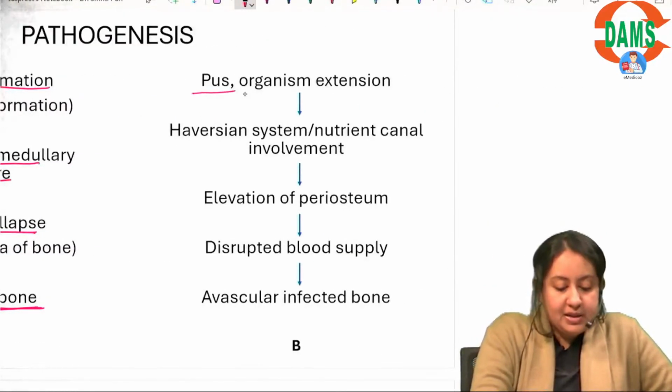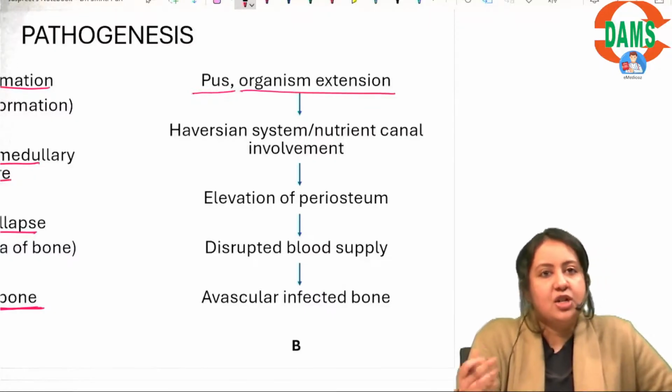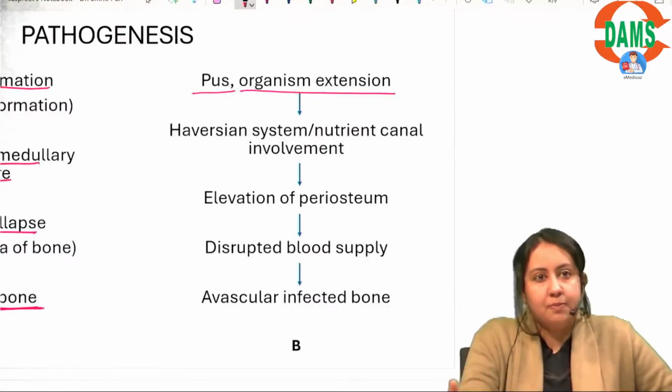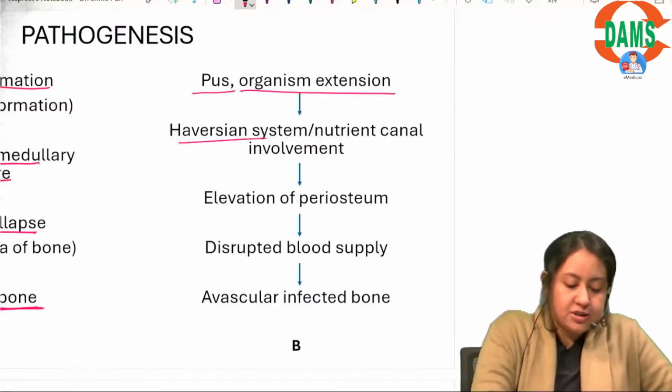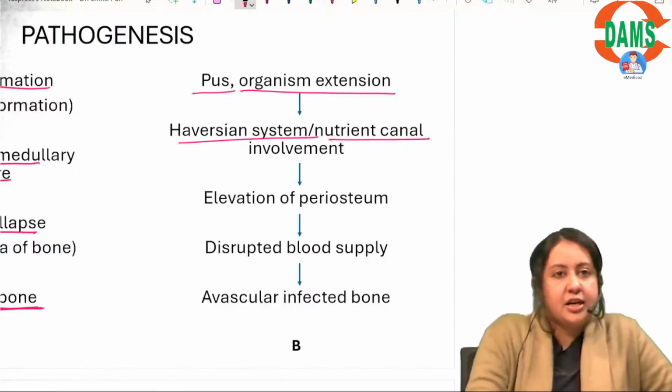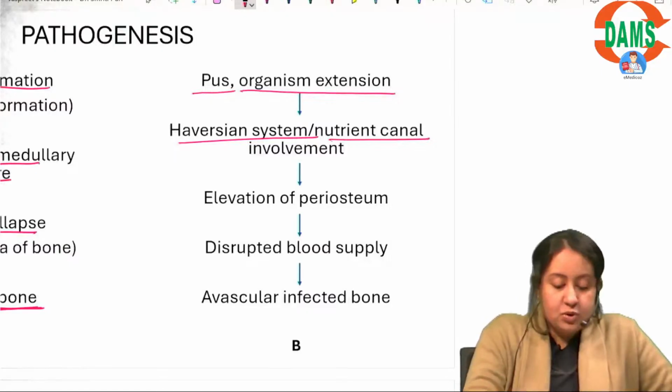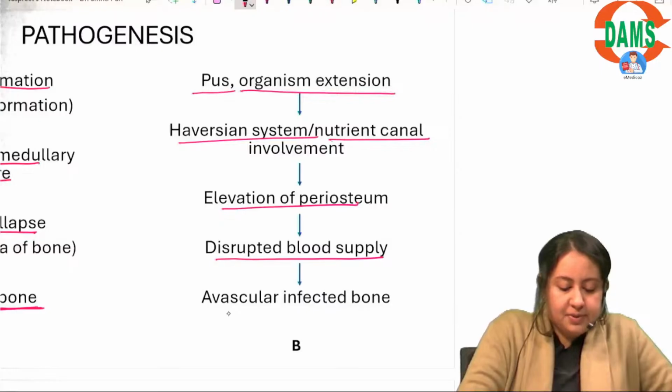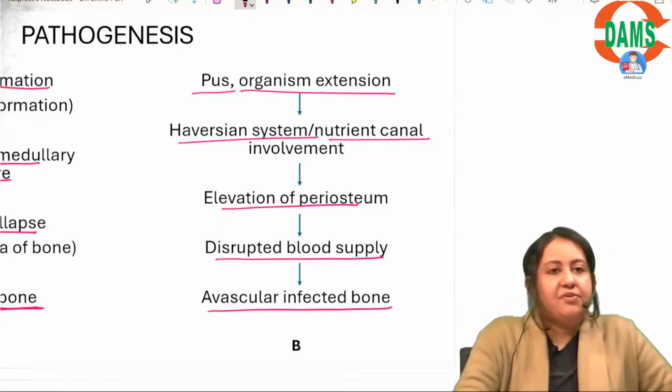Now, the second pathway: either through pus or organism extension, that is the causative organism or pus travels into the Haversian system or the nutrient canal. So what will this lead to? This will lead to elevation of the periosteum, disrupted blood supply and avascular infected bone.